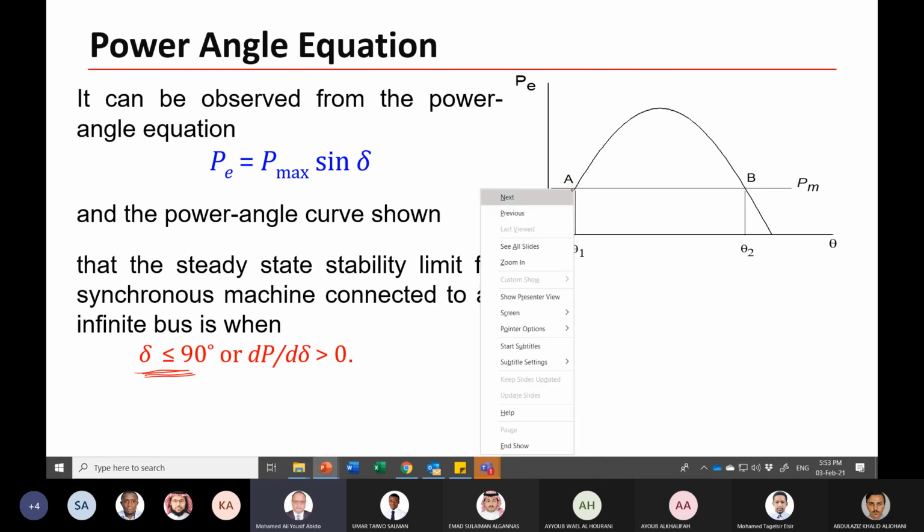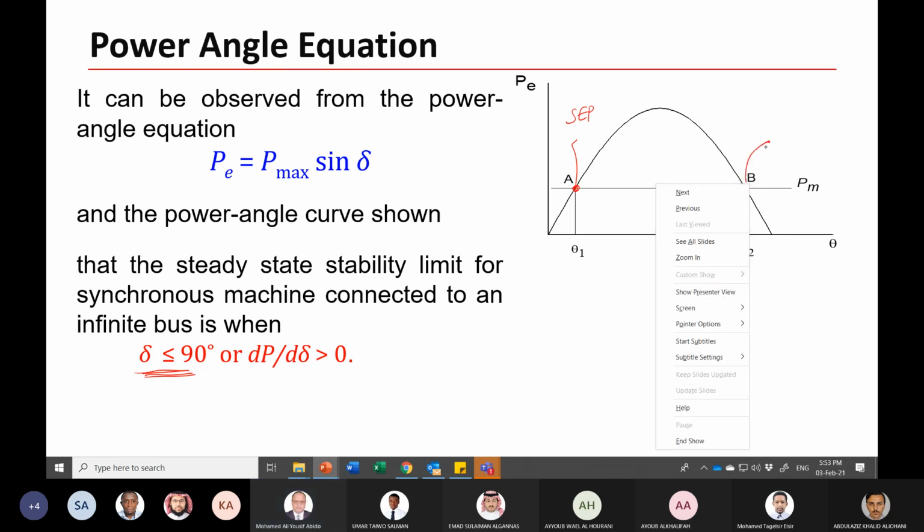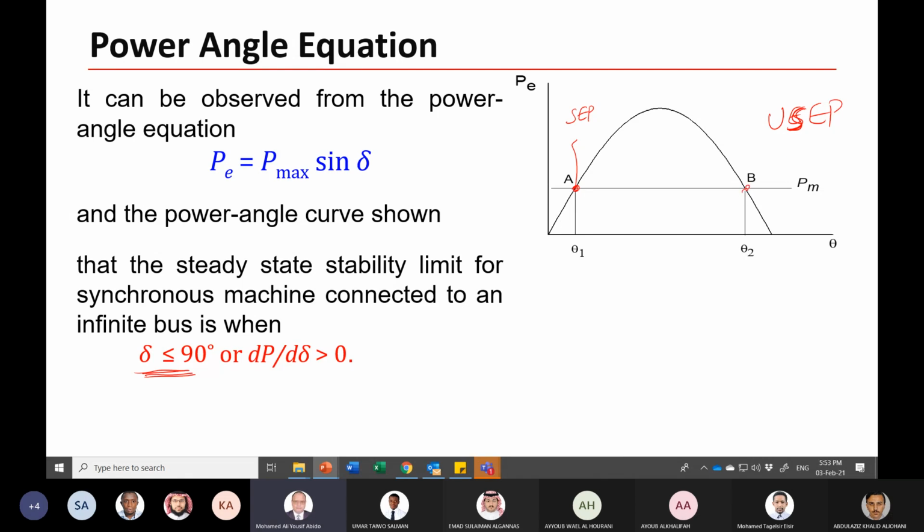If you still remember from the last class, we call this point the stable equilibrium point, and this point the unstable equilibrium point.